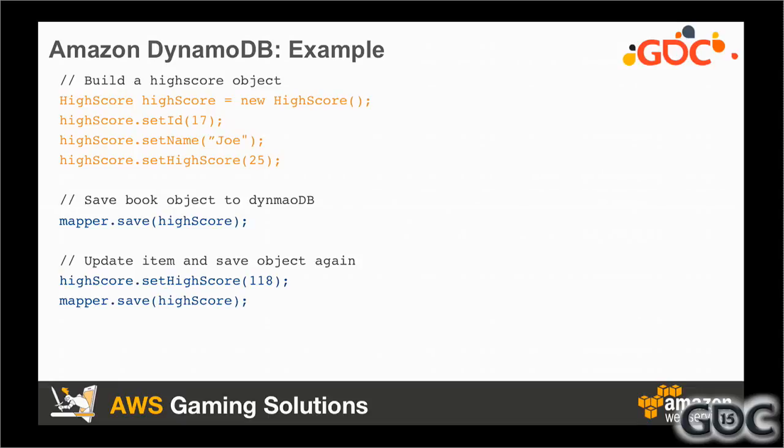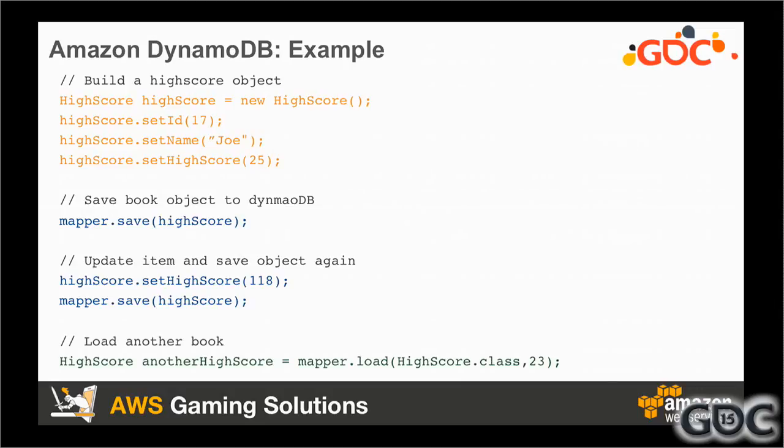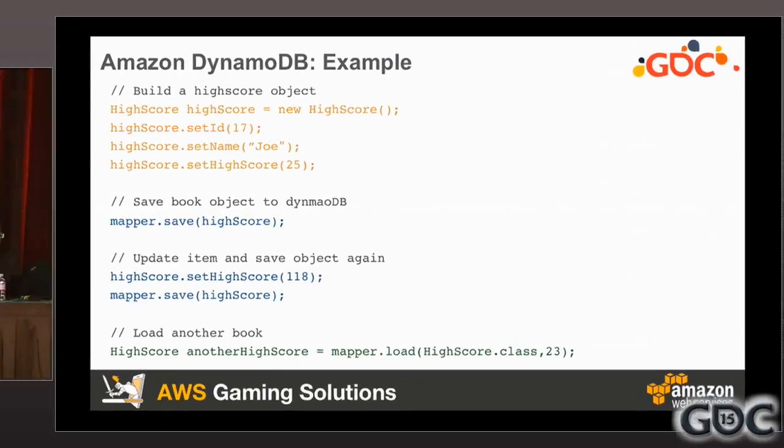If you want to update that object, you basically change the values and call mapper.save. If you want to load another object, you basically pass in the class into the function call, and then the value, in this case, the user ID, and then you can start modifying data. And so we also have sample code for all of this.